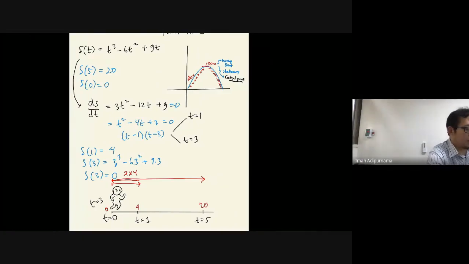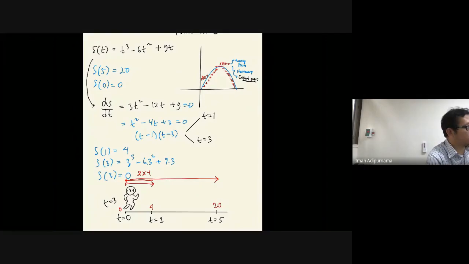So the total will be 20 plus 4 plus 4, right? So it's 28. So the average speed becomes 28 divided by 5, which is 5.6 meters per second. Okay. Get it?